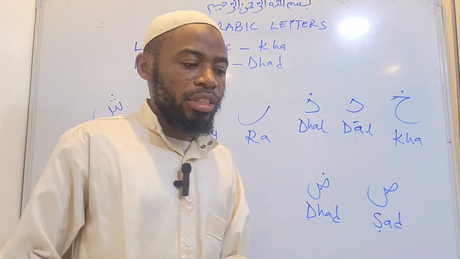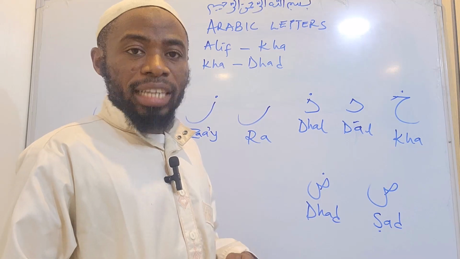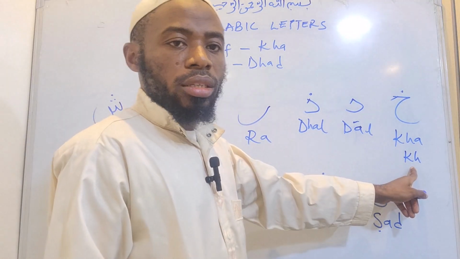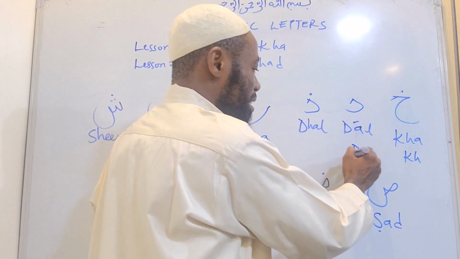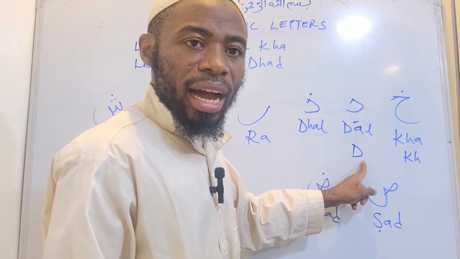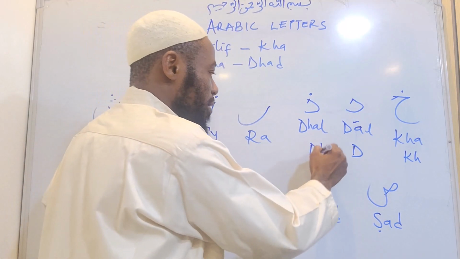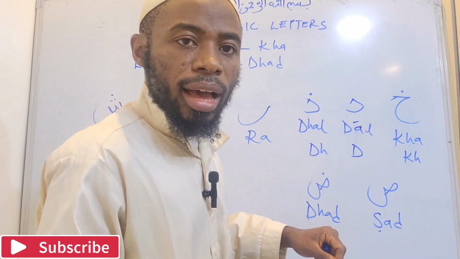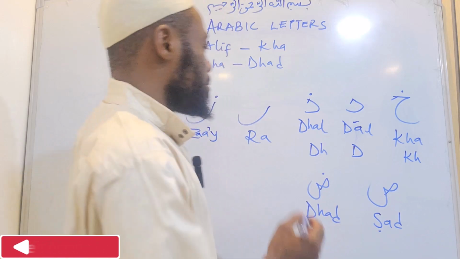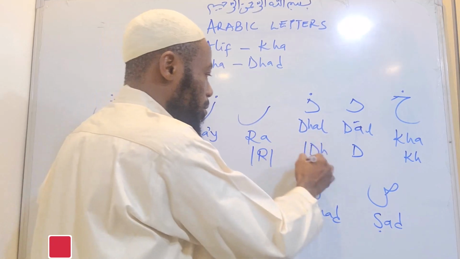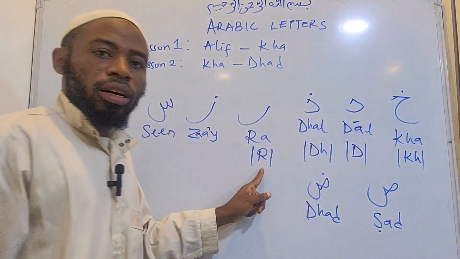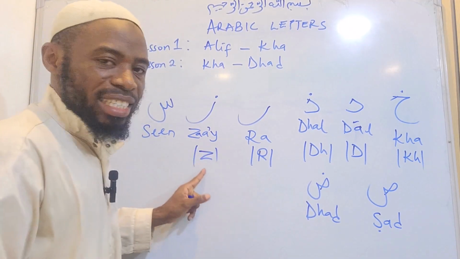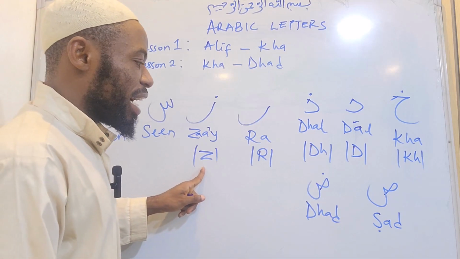I think at this point it's very important for me to include the sounds. This is ha sound, ha. This sound, da. This sound, d. This raw. While this is zai.